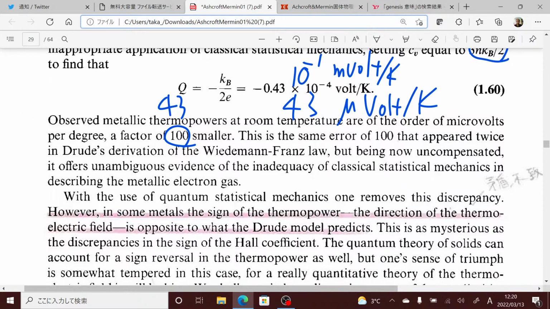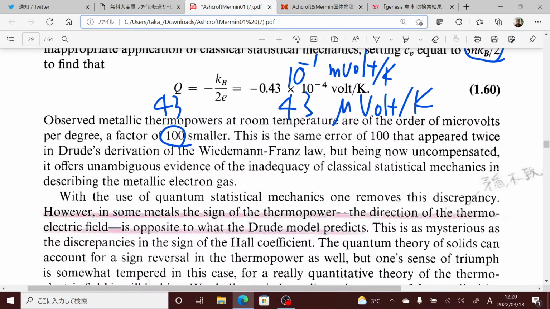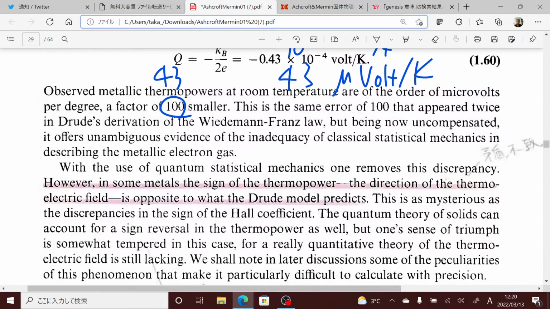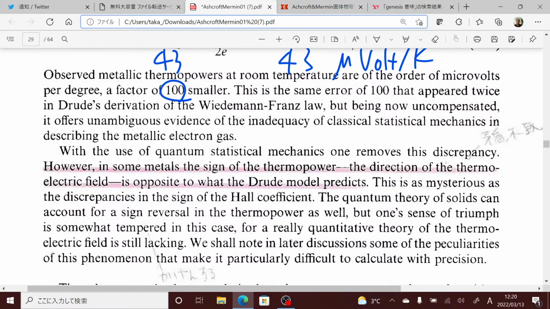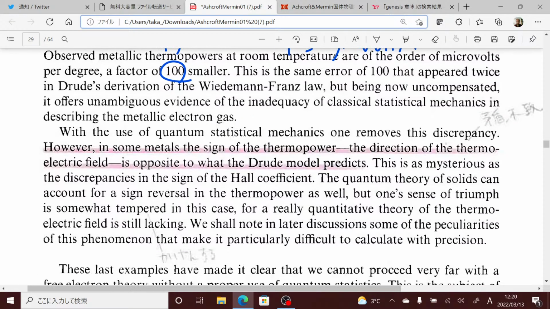This is the same error of 100 that appeared twice in Drude's derivation of the Wiedemann-Franz law, but now uncompensated. It offers unambiguous evidence of the inadequacy of classical statistical mechanics in describing the metallic electron gas.